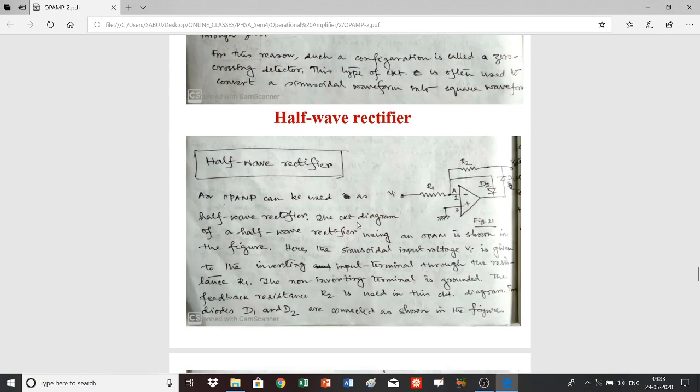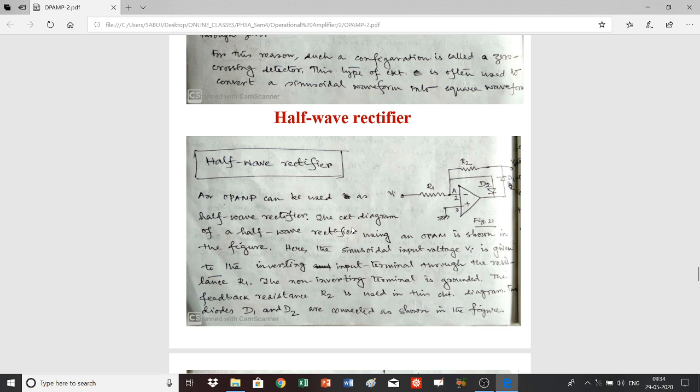Now come to the half-wave rectifier. You know that in a rectifier, an AC can be converted into DC. In an ordinary half-wave rectifier, the output will be found in the positive half cycles, and there will be no output in the negative half cycles. But in a rectifier in which an op-amp is used, the situation becomes different.